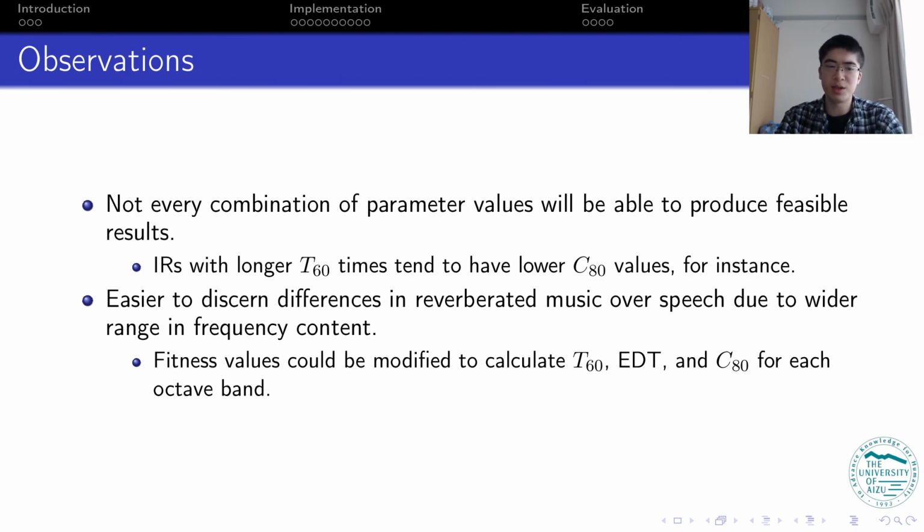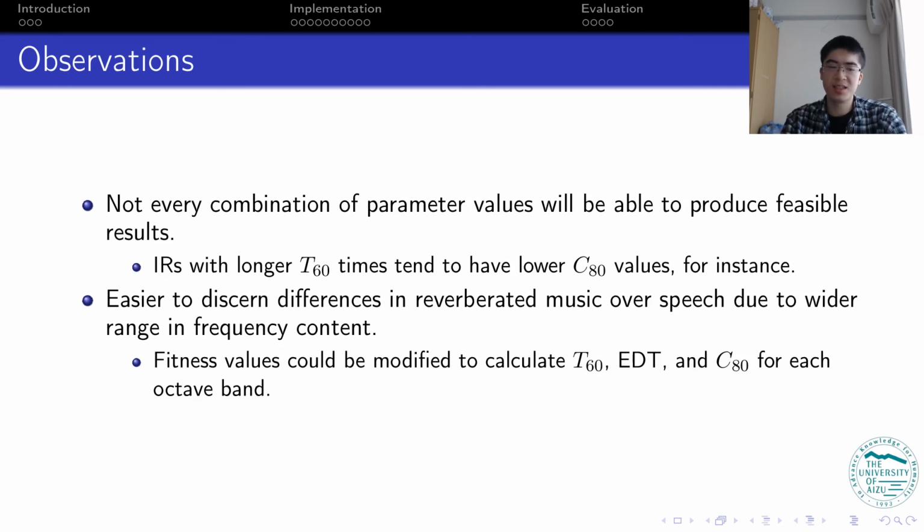Also, what we noticed when we were generating the ABX test for other participants was that even when we use the same impulse responses for both speech and music, we tend to hear the differences much more easily through music compared to speech. This makes sense given the frequency range of speech is much narrower in comparison, which means we tend to hear the differences much more clearly at very high and very low frequencies.